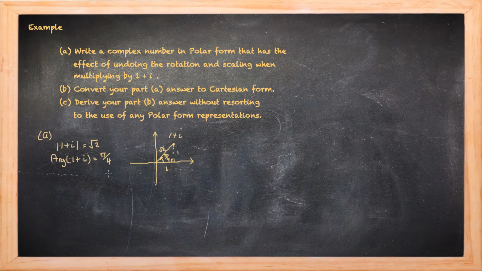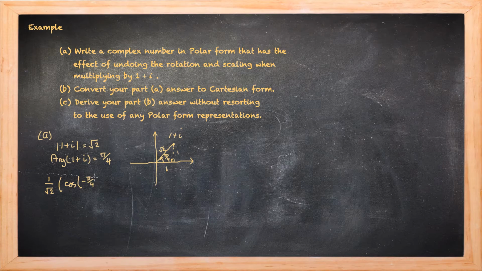Now, to do the opposite, we would need a scaling of 1 upon root 2, it's the multiplicative inverse of that, and the additive inverse of the argument, so that would be negative pi upon 4.